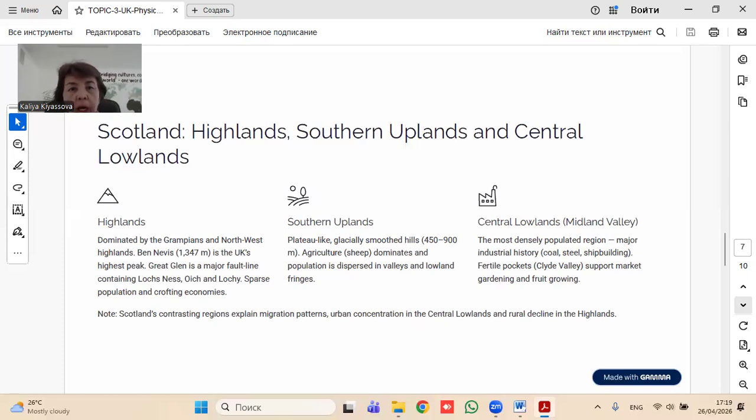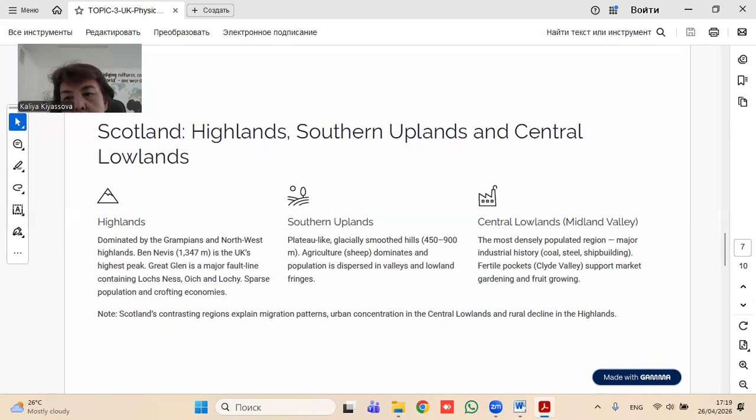Okay, southern uplands: plateau-like, glacially smoothed hills, agriculture dominates, and population is dispersed in valleys and lowland areas. Central lowlands: the most densely populated region, with major industrial history of coal, steel, and shipbuilding.